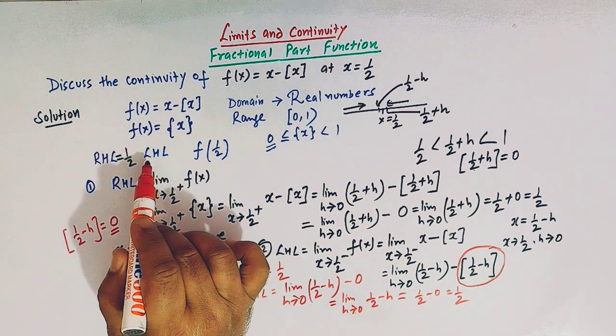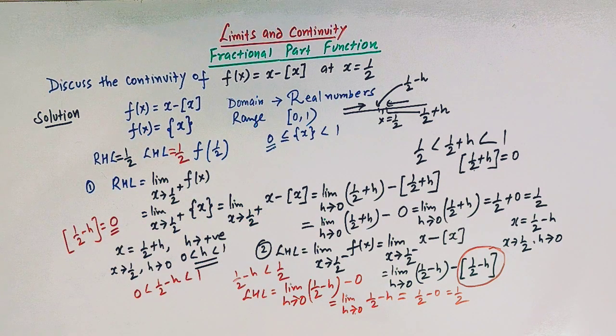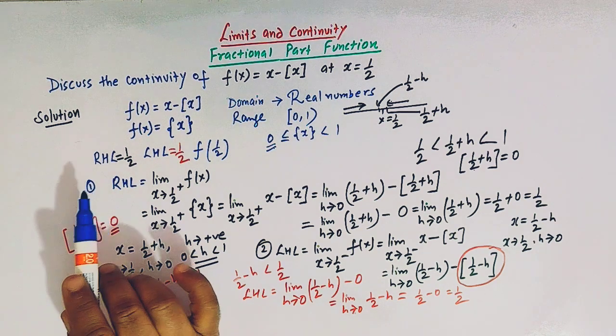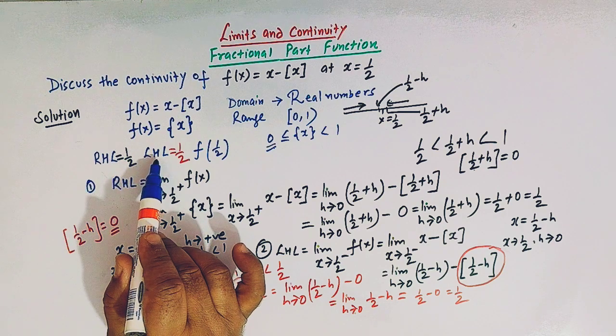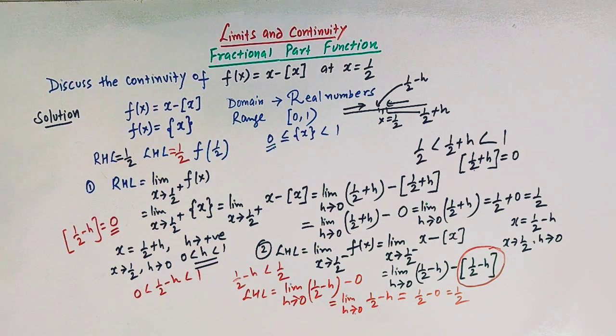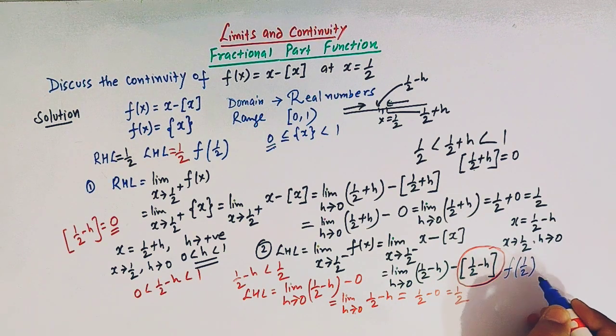So the left hand limit is also equal to half. From this discussion we have arrived at the result that the right hand limit is half and the left hand limit is also half.